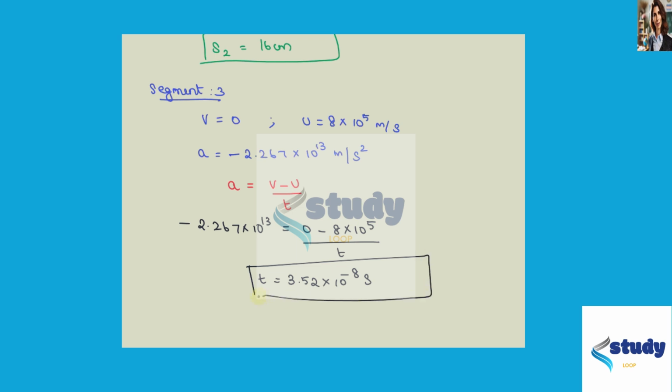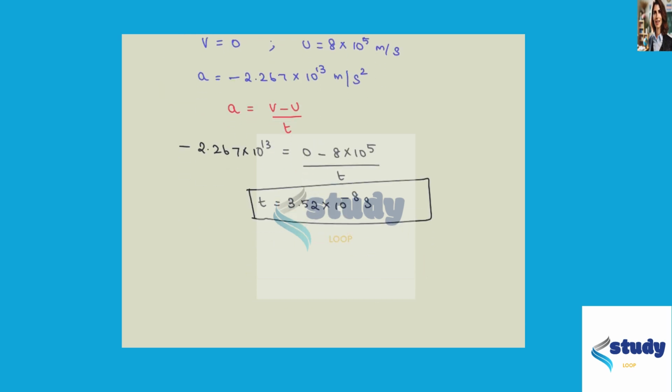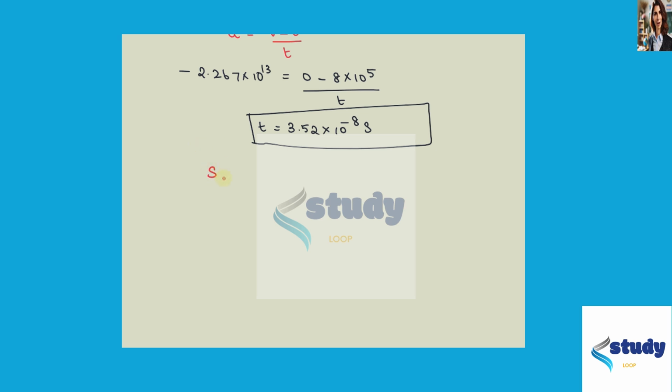So using this time period I can find the displacement of this segment, S3. So S3 is equal to ut plus half at square. Here u is 8 into 10 power 5 and the time period here is 3.52 into 10 power minus 8 plus half, this is 0.5, and acceleration here is nothing but the deceleration, that is minus 2.267 multiplied by 10 power 13, and t squared is 3.52 squared into 10 power minus 16.